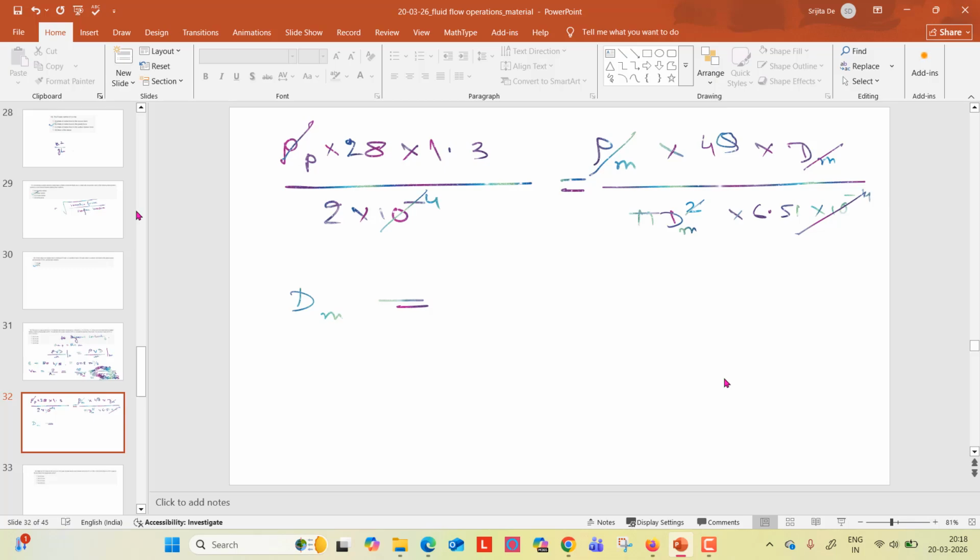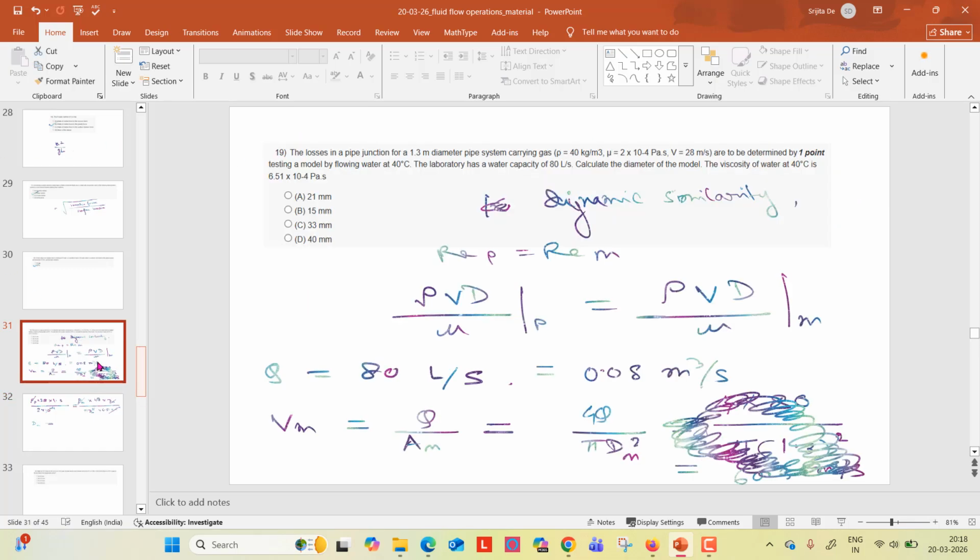into 2 divided by 3.14 into 6.51 into 28 into 1.3. Somewhere I have done a calculation mistake probably.